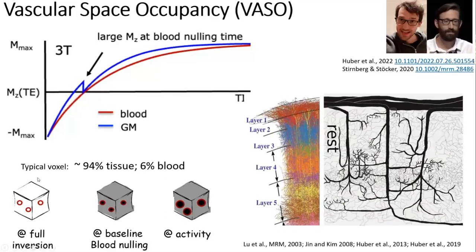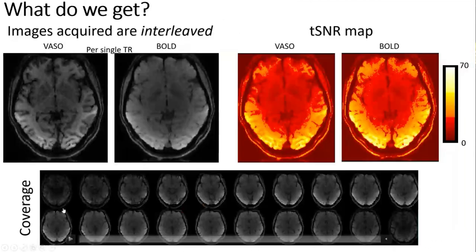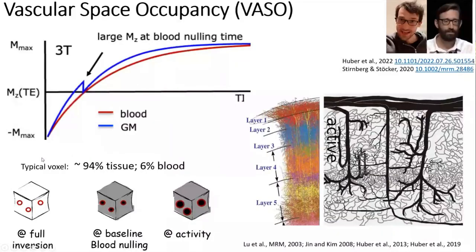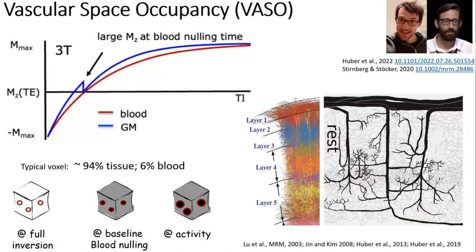So at the time of inversion, everything is, sorry about that. We're at this stage, then during baseline, where nothing is happening. So let's say during the rest condition, we have a specific proportion of tissue. When there is activity, we have vasodilation.